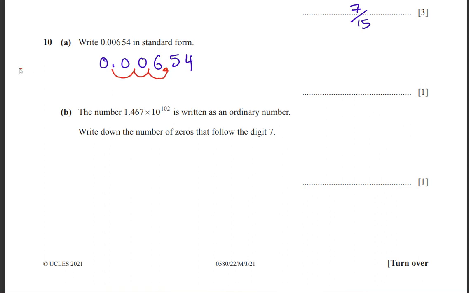Whenever I'm moving the point to the right, it means negative in the power. So the point will be here, and it will be 6.54 times 10. How many jumps did I do? 1, 2, 3 jumps. 3 jumps to the right means negative.